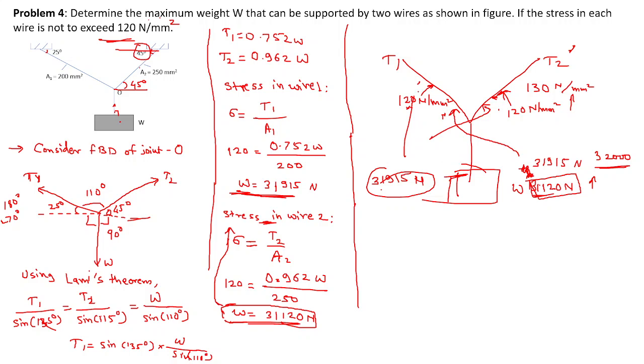Then come to wire number 1. Here it is 31,915. We know exactly that when we apply this value of load, it will generate 120 Newton per mm square. If we decrease this value by some thousand, say to 30,000 or something, then what will happen to this stress?